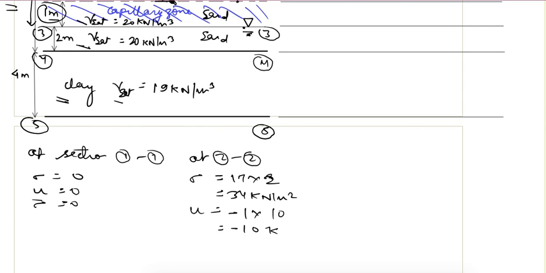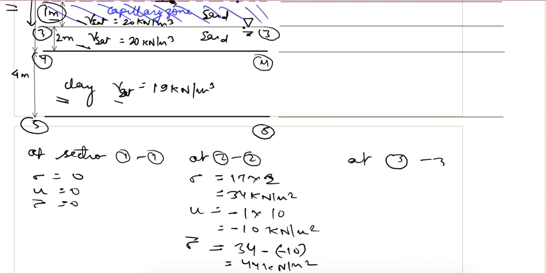So this is minus 10 kilonewton per meter square. So effective stress will rise in this zone because effective stress is the difference of total stress and neutral stress. This is 34 minus minus 10, so it is 44 kilonewton per meter square.